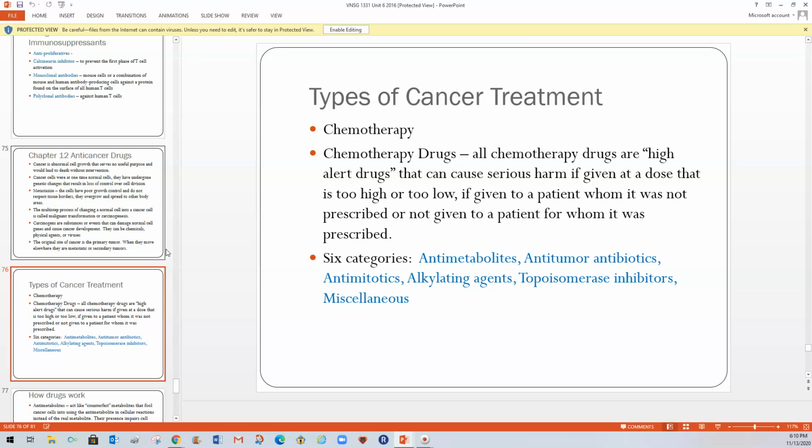There are 6 categories: antimetabolites, anti-tumor antibiotics, antimitotics, alkylating agents, topoisomerase inhibitors, and miscellaneous. Those are listed in your book.